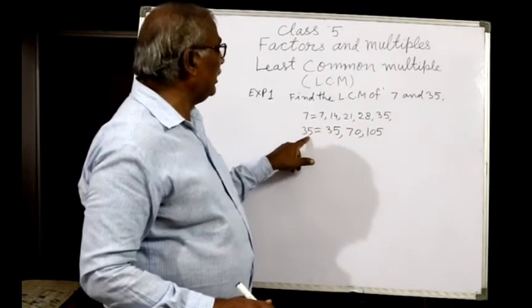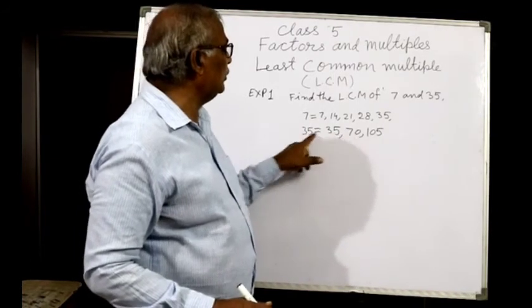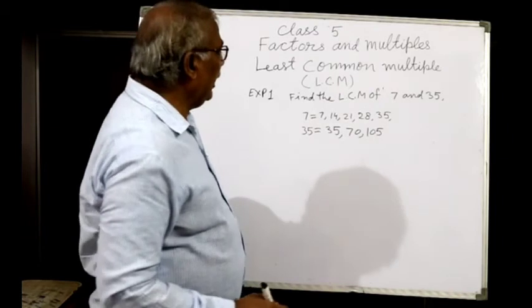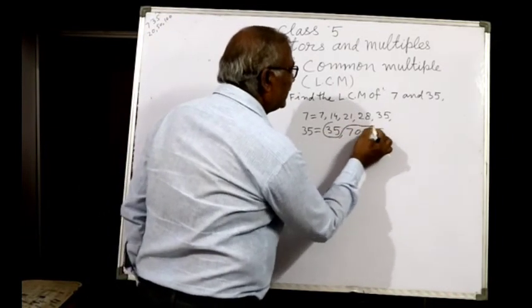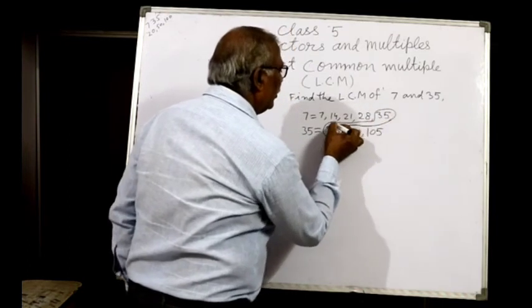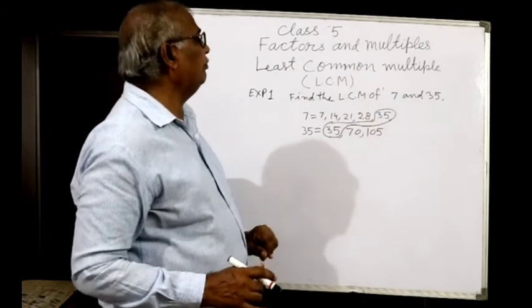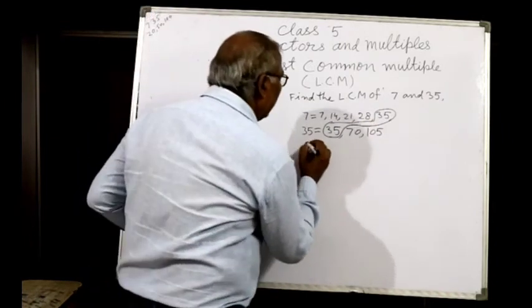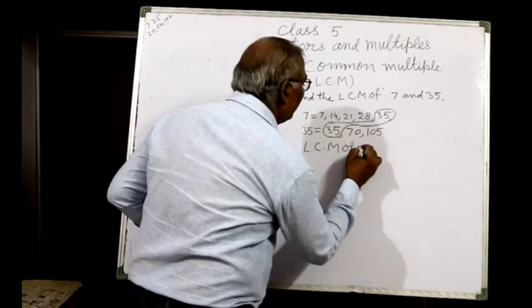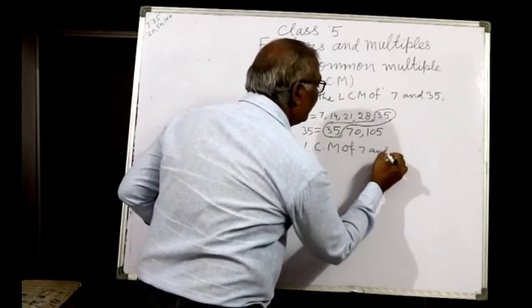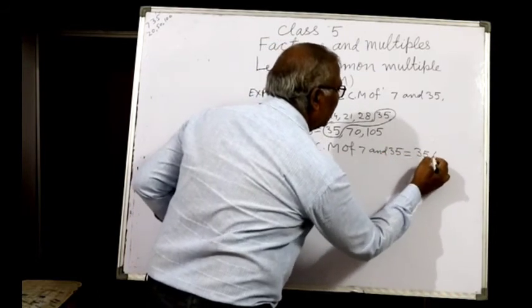You will find multiples of 35 by multiplying it by 1, by 2, by 3. Here we see that the least common multiple is 35. So LCM is 35. It is the answer.